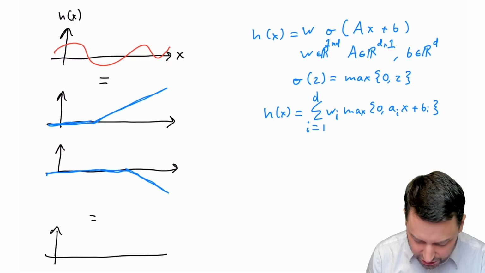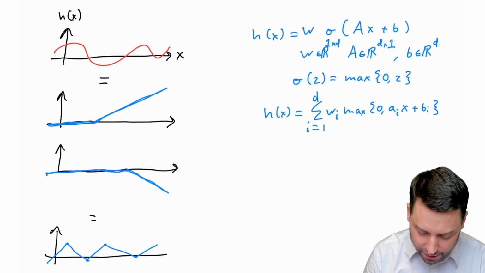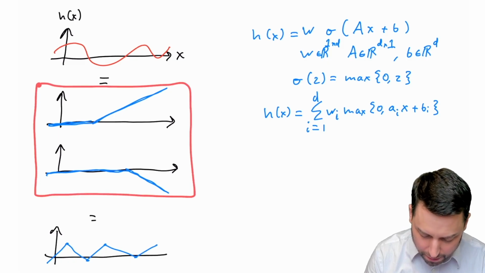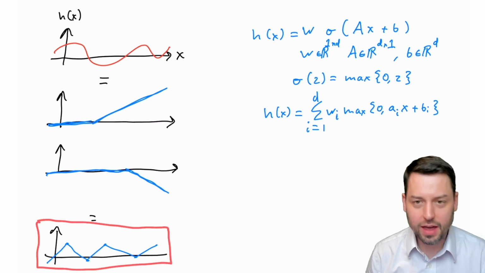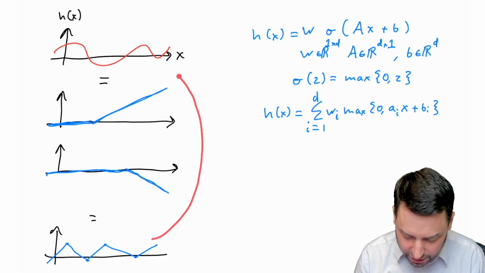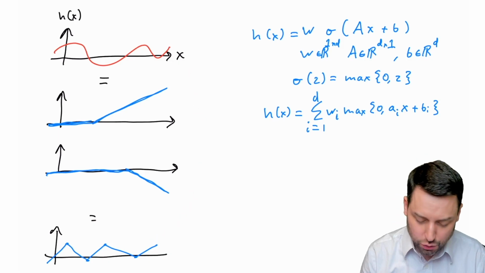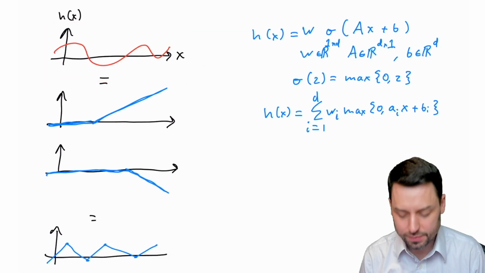So any function that looks like this, I can represent by adding up enough of these functions. And by forming a smoother and smoother approximation of our original function, I can approximate this function arbitrarily well.